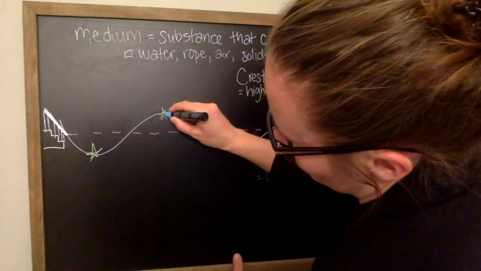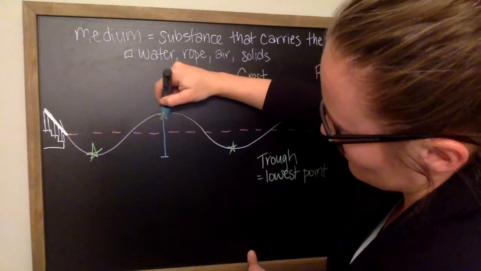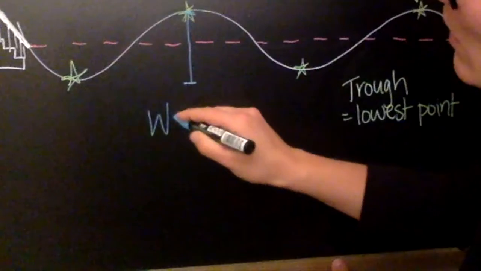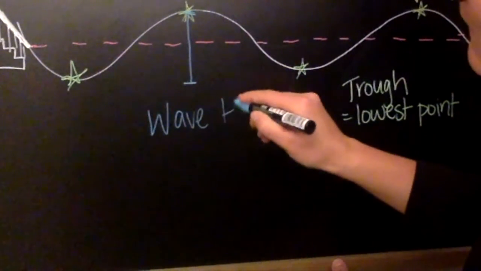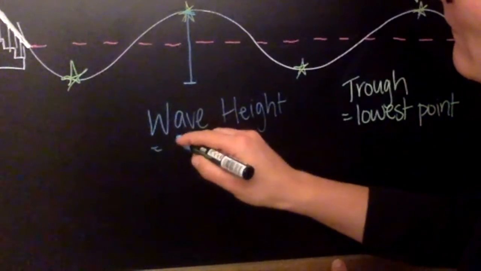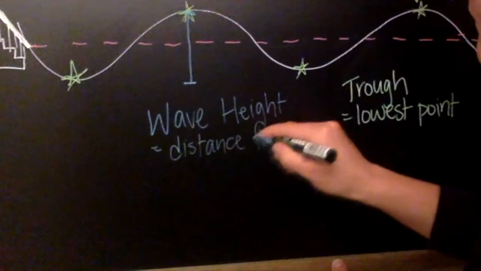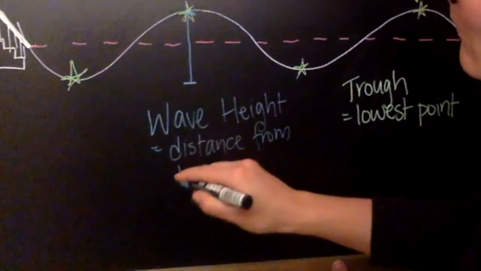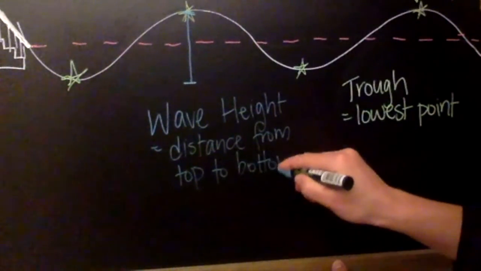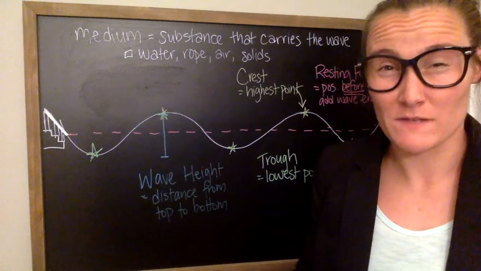So if we measure from the very top to the very bottom, that distance is what we know as our wave height. Wave height is important because it tells us how much space that wave is taking up.